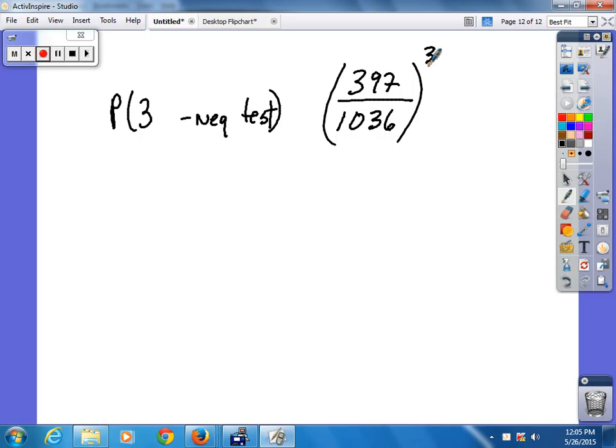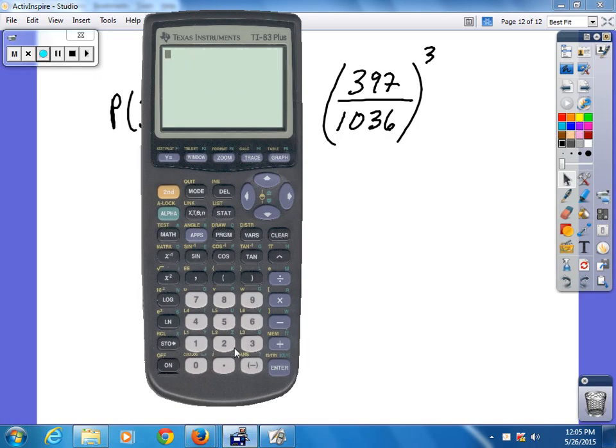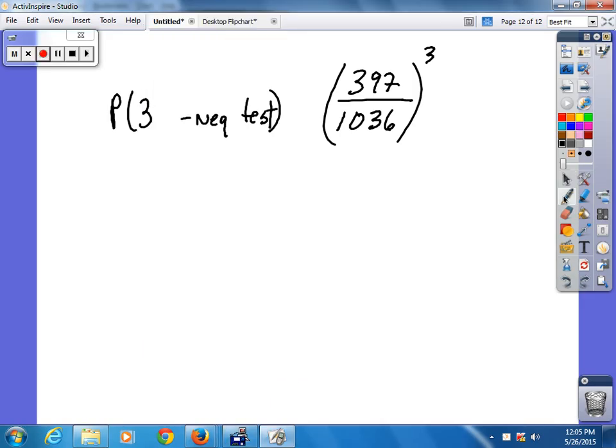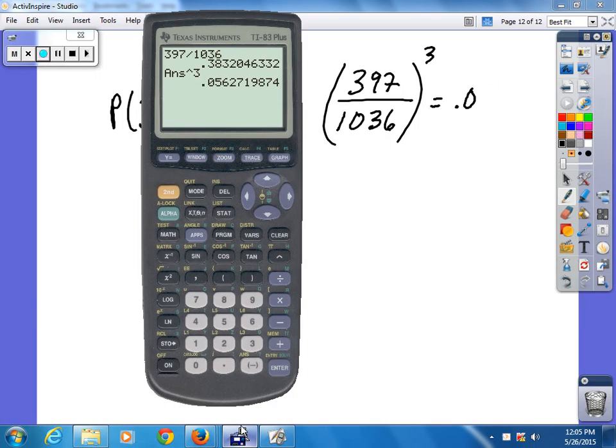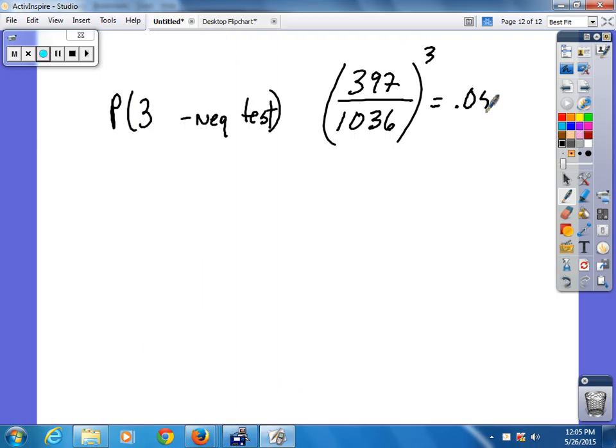And we're going to get a number. So pull up our handy dandy calculator and we get 397 divided by 1036 raised to the 3rd power, and we get 0.05627.